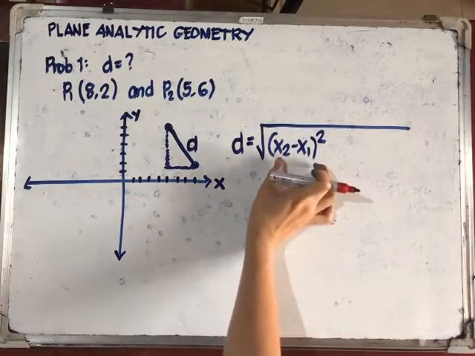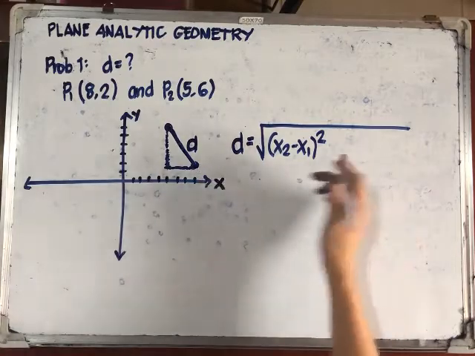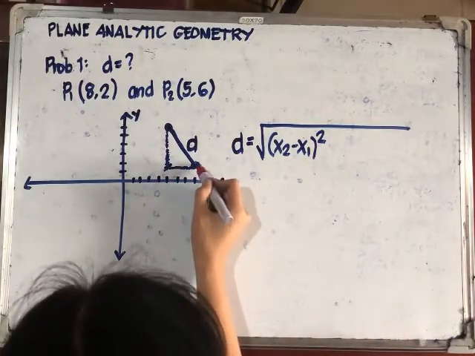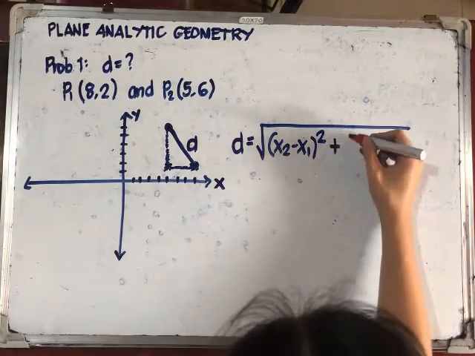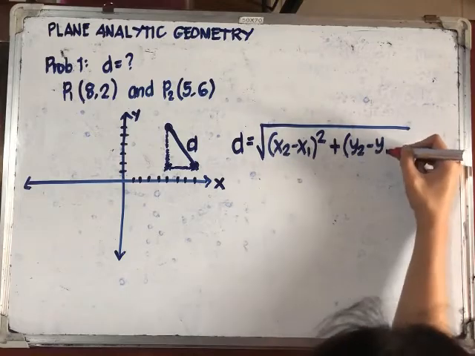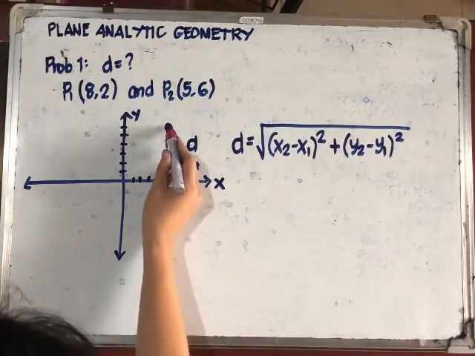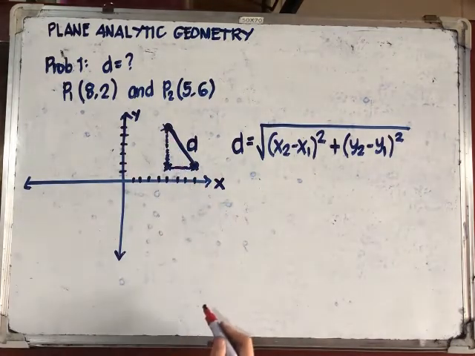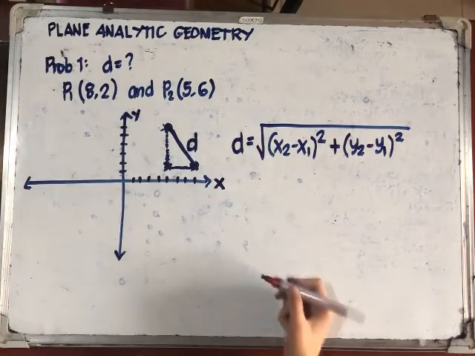That's basically the difference in your x values, so that would mean this distance. Then you add that to the difference between your y values, (y sub 2 minus y sub 1) squared. So you need to get this distance here, and taking the square root of that would give you this distance d by the Pythagorean theorem.